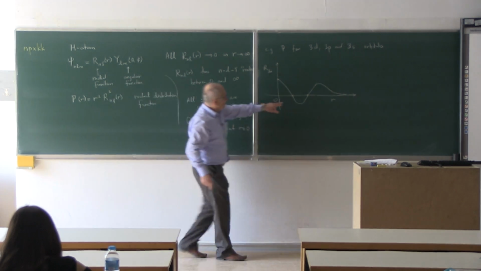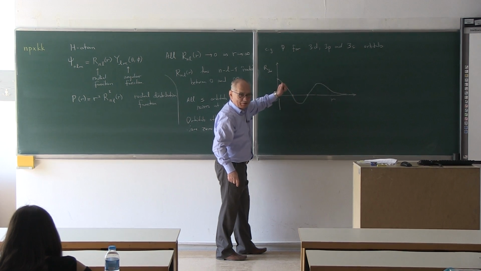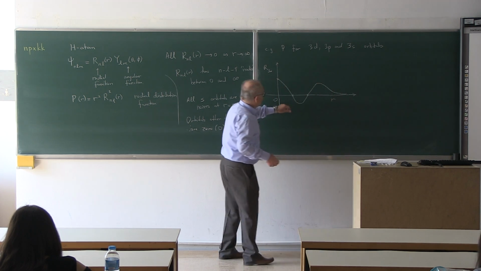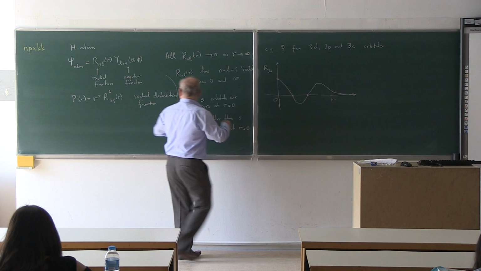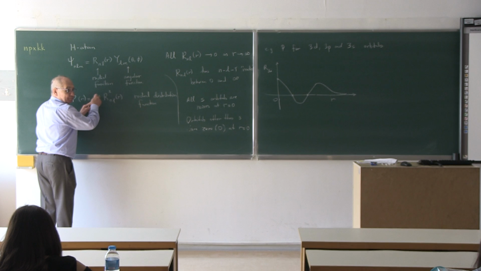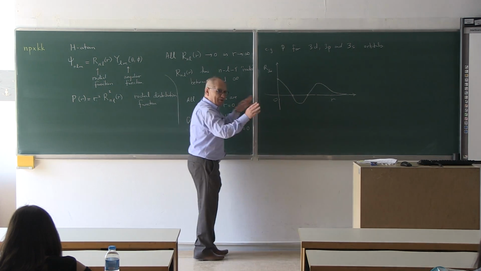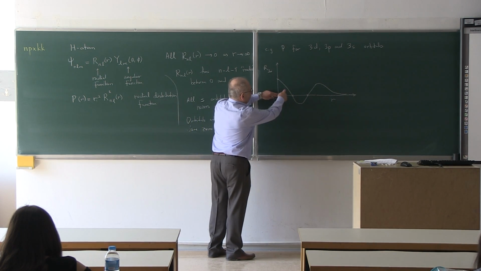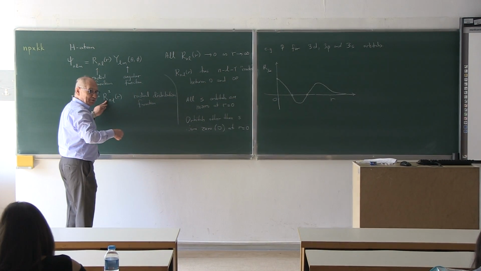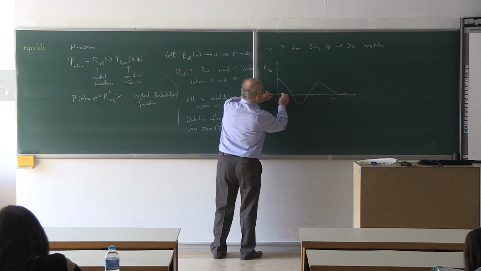Square means any point like here, after squaring, will become a positive number. Also, the radial distribution function contains this r square factor. Qualitatively, at r equals 0, it will cause this r square times capital R square to be 0.